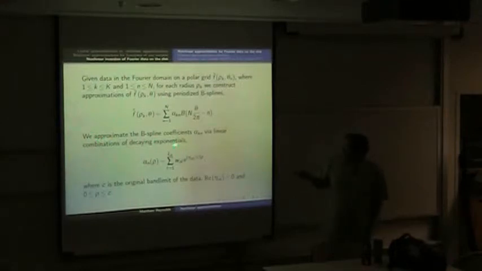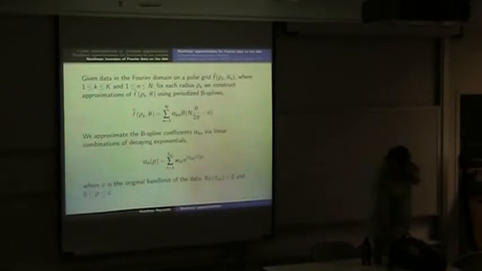We approximate the B-spline coefficients via linear combinations of decaying exponentials, such as this, where C is our original band limit, and I dropped the negative sign in this case just because it's easier. So we're extending in the same way, but what we're extending are B-spline coefficients.